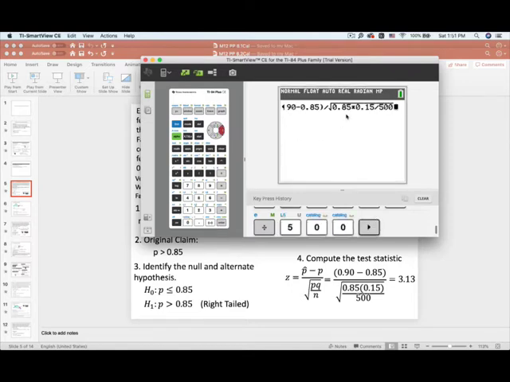Make sure your square root covers the whole thing in here. And then enter. You should get 3.13, rounded to 2 decimal places. So this is a 1 less than 5, you're going to replace it by the 0. So that's 3.13 here. Try to put everything on your calculator instead of doing it one by one, okay?